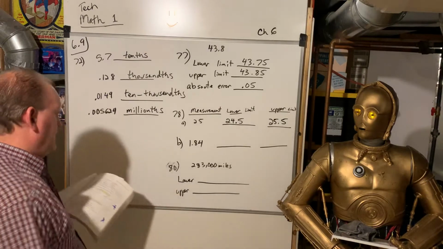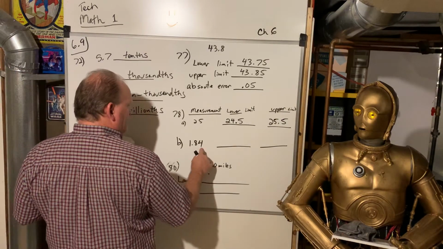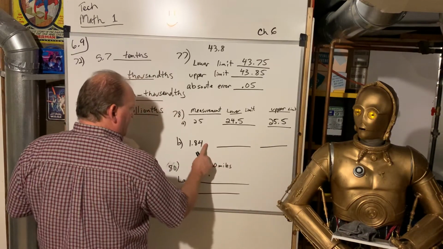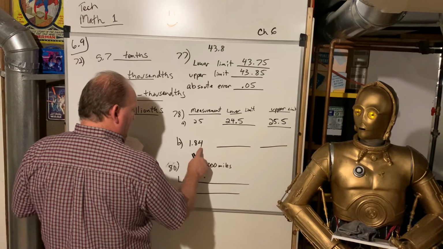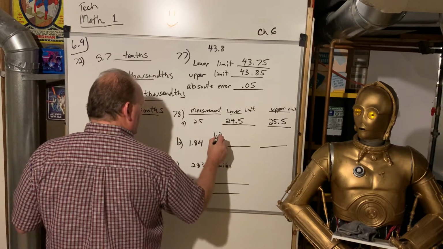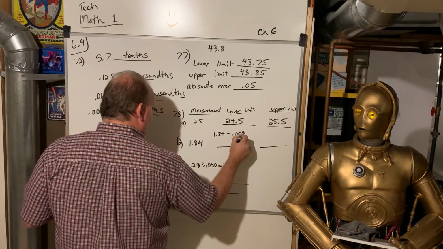All right. If it was $1.84 where it went to pennies, I would actually go to half a penny. And so I would go to thousandths place out, but I'd subtract it and add it. So that one, maybe I'll write it out for you here. 1.84 minus 0.005.